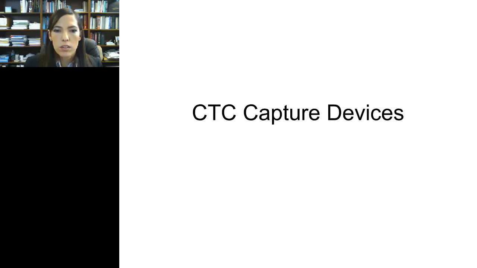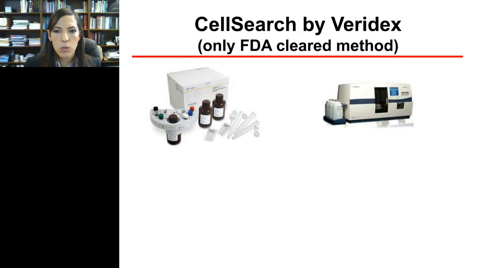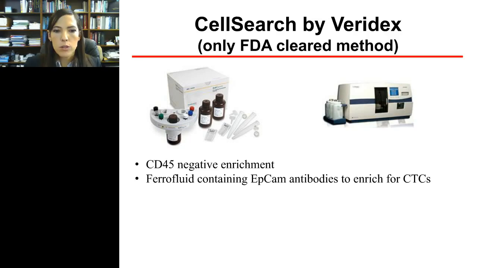So what are capture devices that are currently being used for circulating tumor cells? As I mentioned, the FDA-cleared method, the CellSearch, is the one that's most widely used and has been extensively validated. In this method, they perform a CD45 negative enrichment, so they deplete the hematopoietic cells. They use a ferrofluid containing EpCAM antibodies to enrich for circulating tumor cells.